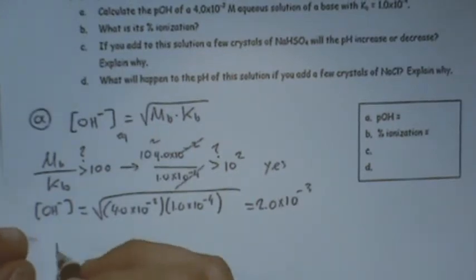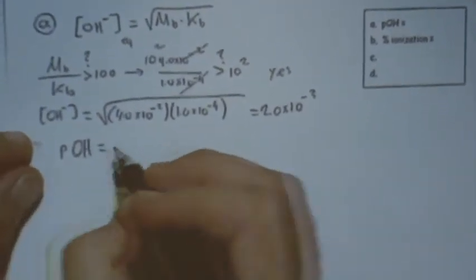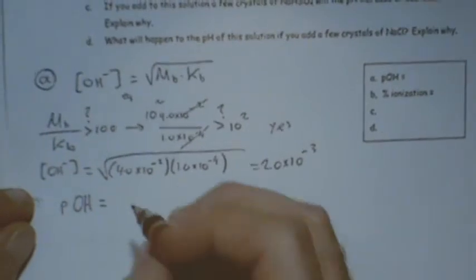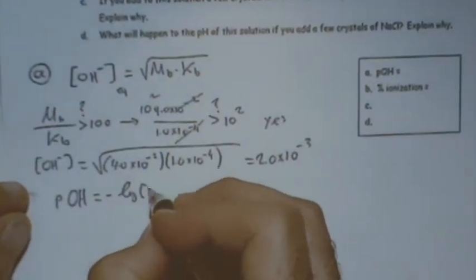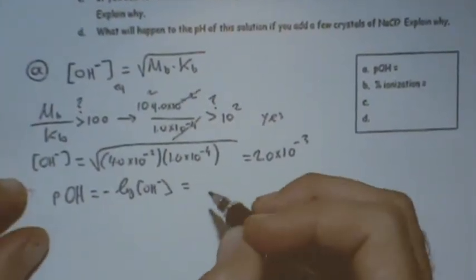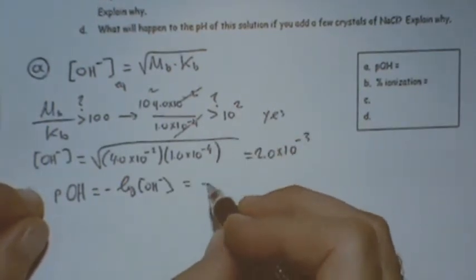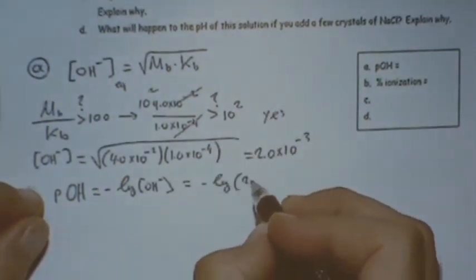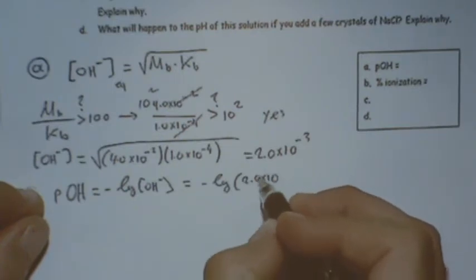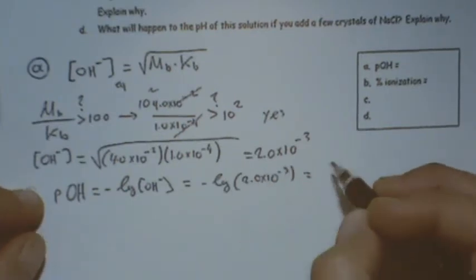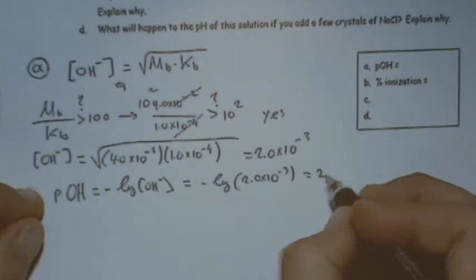Now from the definition of pOH, because that's what you want, you don't want pH, you want pOH, you put the value there, and it should give you 2.7.